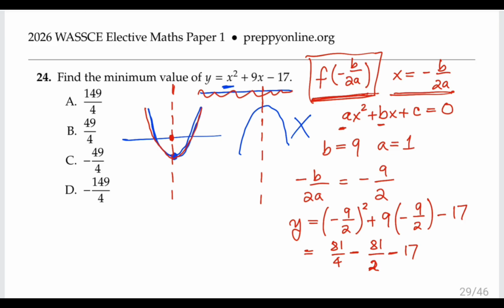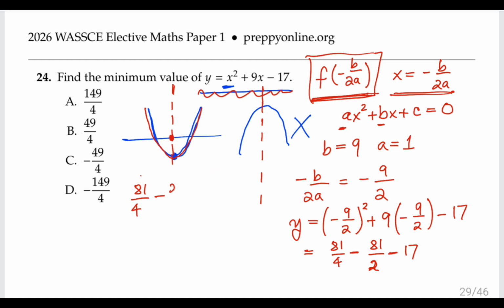All right, so here we have to do a bit of arithmetic. You can punch this into your calculator, but if you want to do it by hand, you can write this as 81 over 4 minus, if you want to write this one also over 4, then the numerator, let me get rid of this line so we don't get confused.